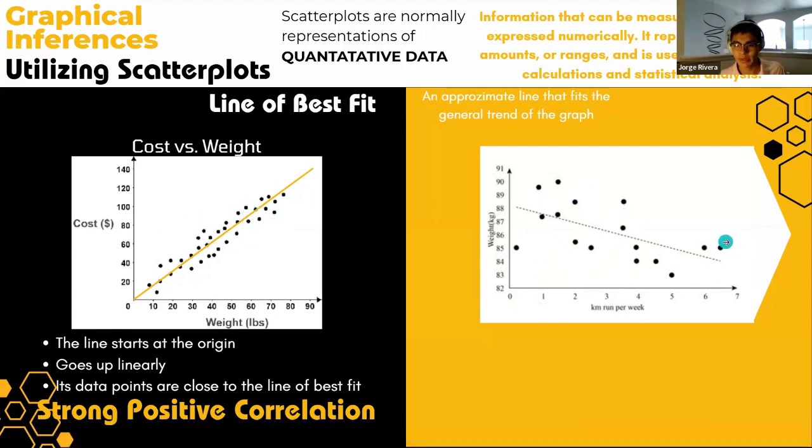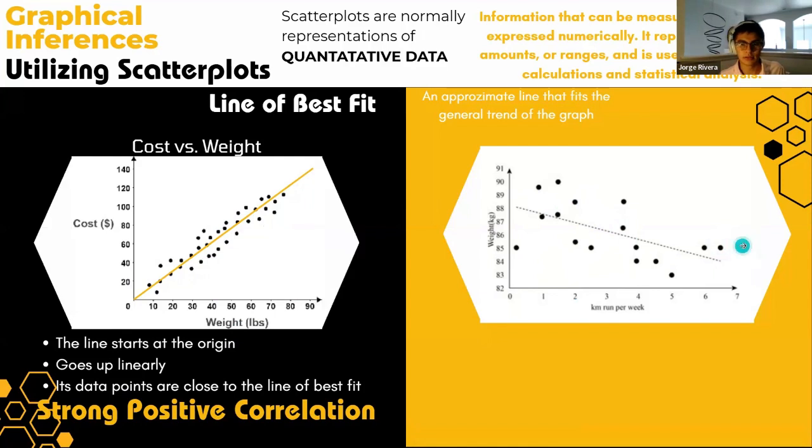So now we have the kilometers run per week versus the weight, right? Here we have a bunch of little dots, but the dots aren't that close to the line of best fit.